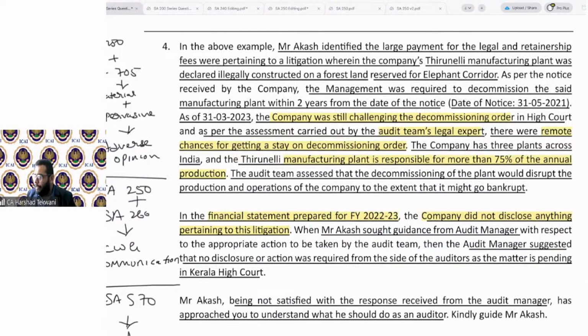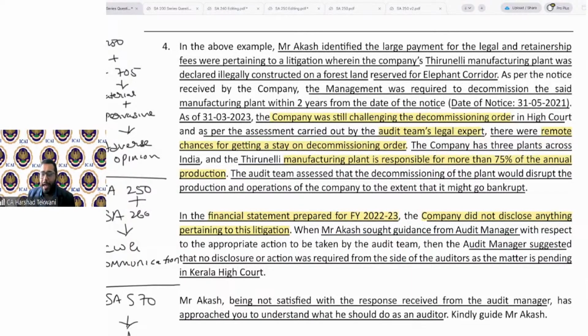Now, there is some answer with respect to whether we should report this matter in the EOM paragraph. If you read the requirement of SA 706 about the EOM paragraph, it is specifically said that it's not a substitute for the modification, not a substitute for SA 701, and not a substitute where modification is required.